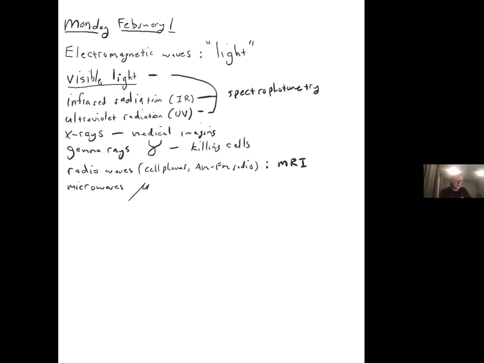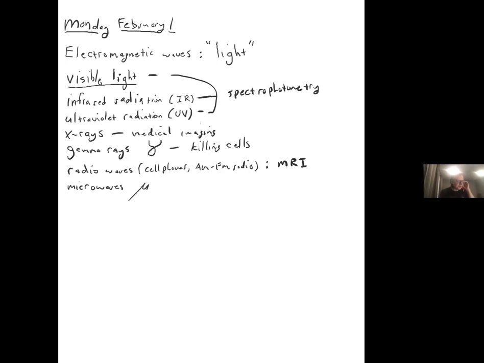That shows the power of understanding how they operate. Many of them are also used in communications: microwaves, radio waves, infrared, visible light. Those are all used in communications, cell phones, satellite communications, stuff like that.